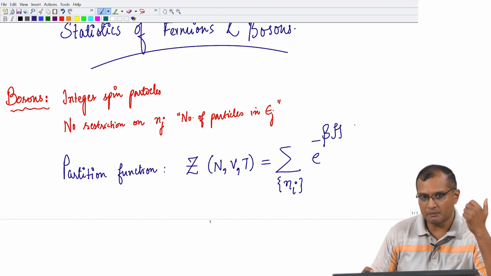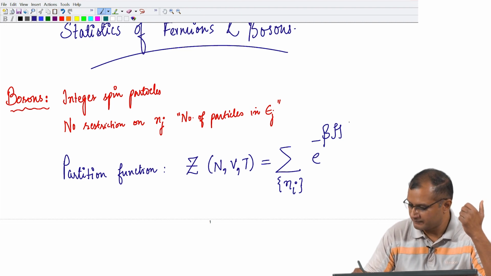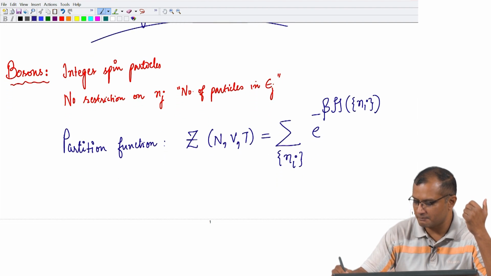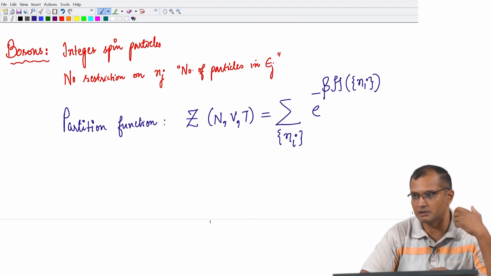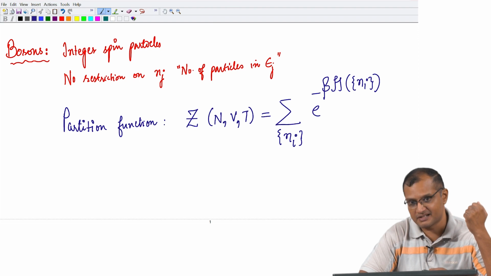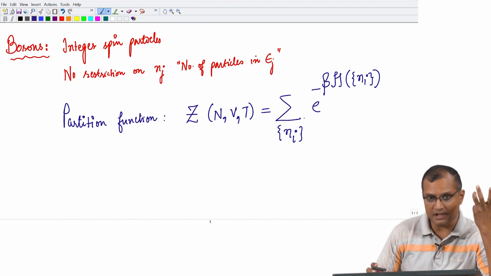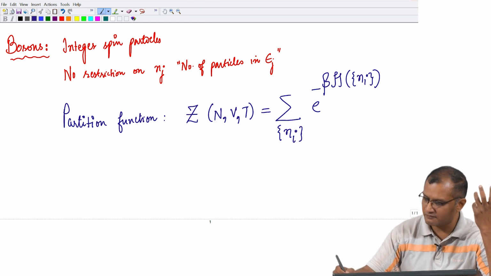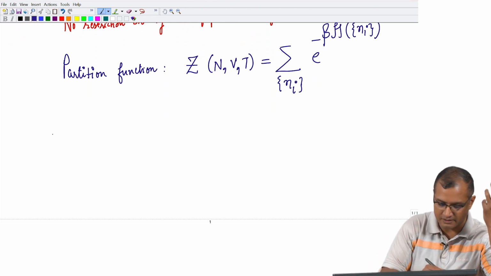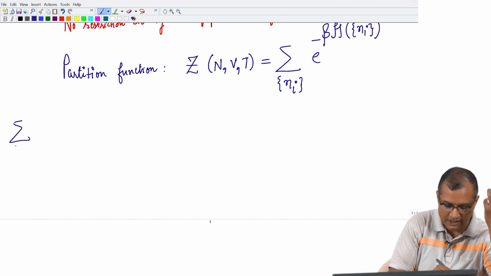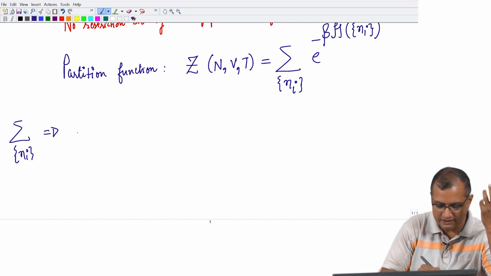So, this is your Boltzmann factor. What is meant by summation over all possible excitations ni? Well, this summation is over all microstates. So, the meaning of summation over ni is basically the fact that you sum over microstates.